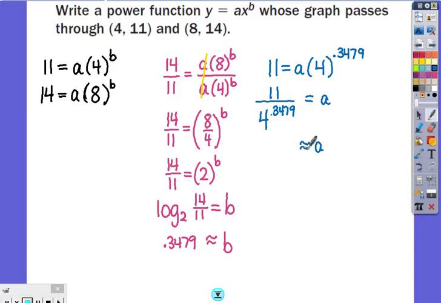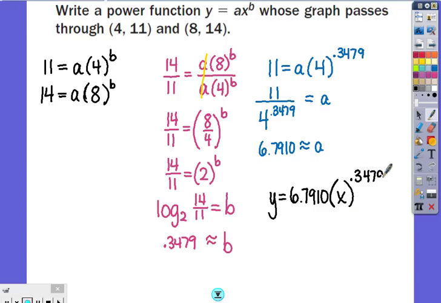And I get a is about 6.7910. Final answer: a times x to the b, power model.